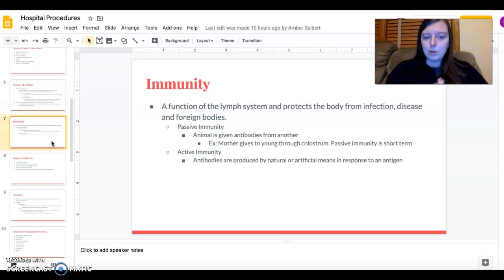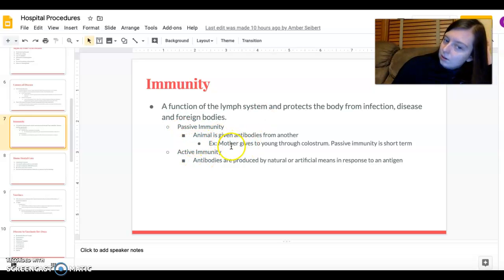When we talk about immunity, our pet's ability to not get a disease, this is a function of the lymph system and protects the body from infection, disease, and foreign bodies. That's our ability to fight off those bad things. Passive immunity is when an animal is given antibodies from another animal.